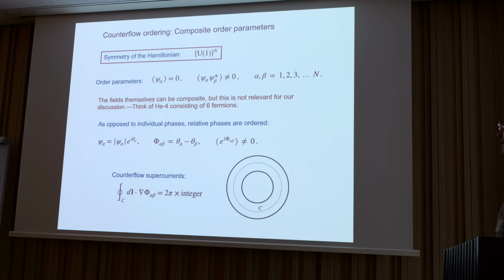Meanwhile, the helium-4 atom consists of 6 fermions, if we do not count quarks: 2 electrons, 2 protons, 2 neutrons. But all this is relevant with the down folding, and we just deal with some field. So that would be my elementary field psi A, and it's not necessarily even a quantum field, it can be classical.